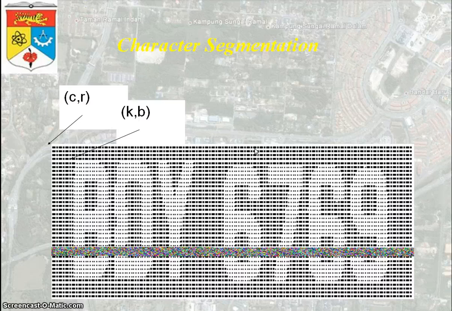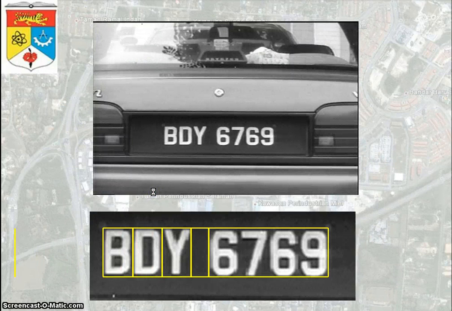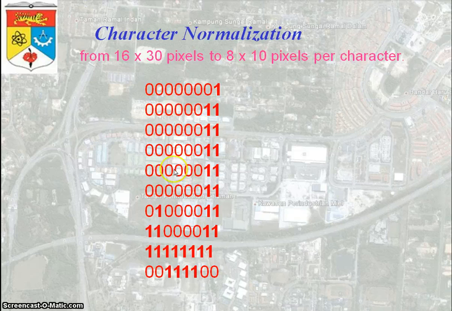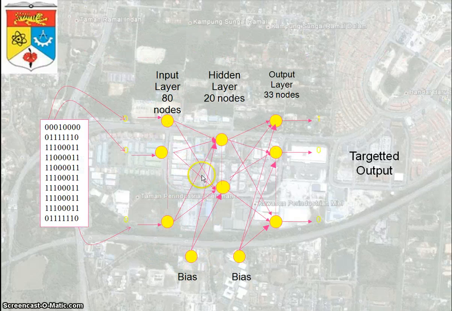This is the plate number, and then of course we segment it frame by frame, and because it is black and white, 0 and 1, we observe this one, 16 to 30 pixels, and we use a neural network to determine or to read the number.